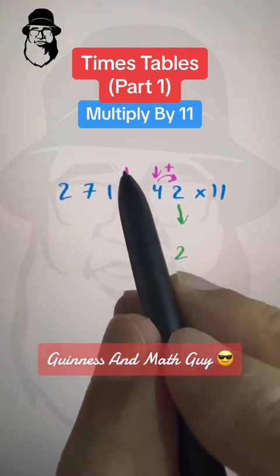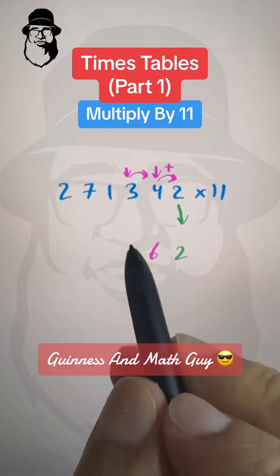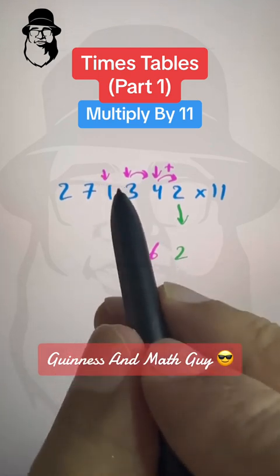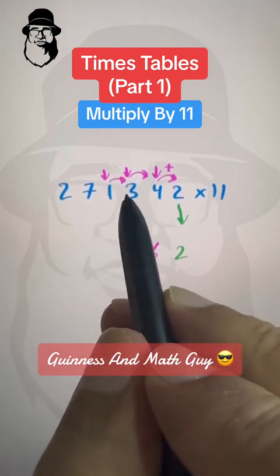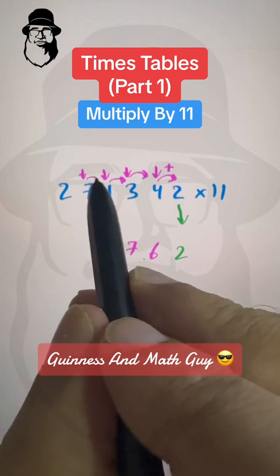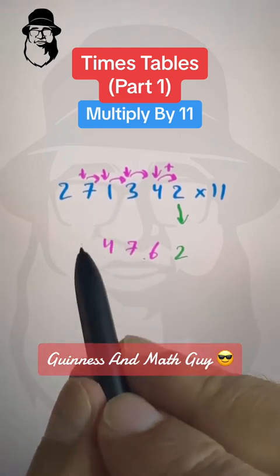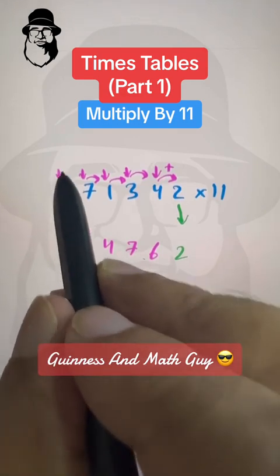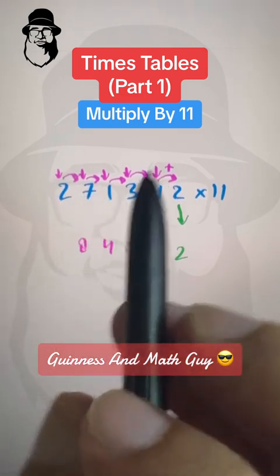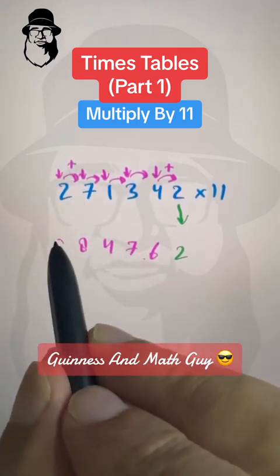Now here, add its neighbor, it's 7. At 1, add its neighbor 3, 1 plus 3 is 4. At 7, add its neighbor 1, 7 plus 1 is 8. Then here, 2 plus 7 is 9.